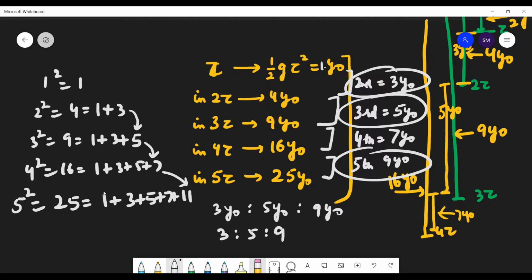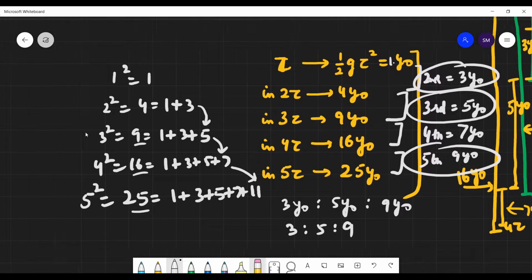So that is why we find the differences, and we will find them in odd numbers. So when you subtract 25 minus 16, that is 9, 16 minus 9 is 7, and then 9 minus 4 is 5. That's how they are formed, and the difference will be like that. Okay.